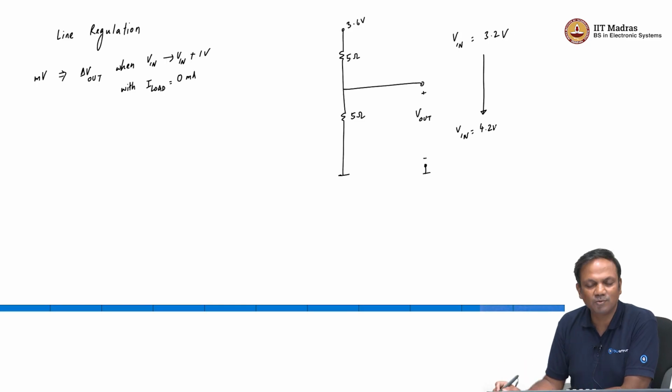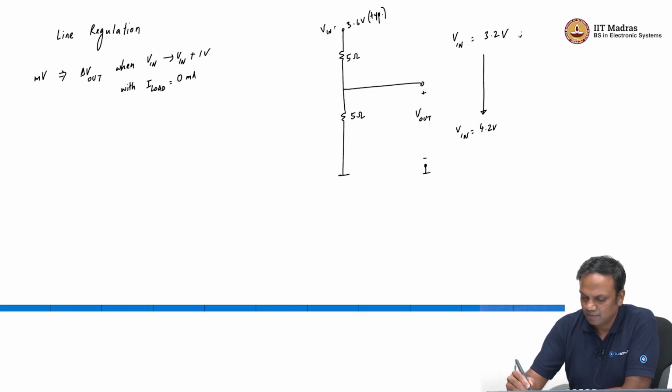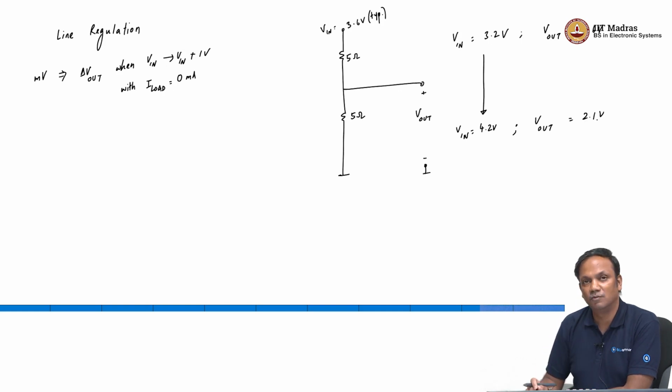So, when V in is equal to 3.2 volt, this is typical, V out is equal to 1.6 volt. When V in is 4.2 volt, V out is equal to 2.1 volt.